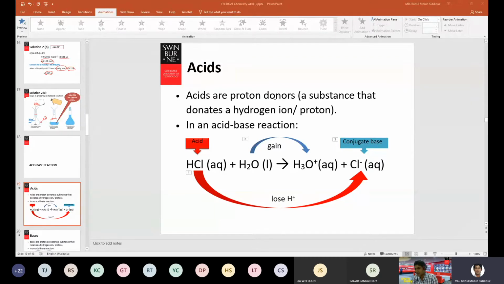Just one simple formula: acids are proton donors, and bases are proton acceptors. So that is acid and base.